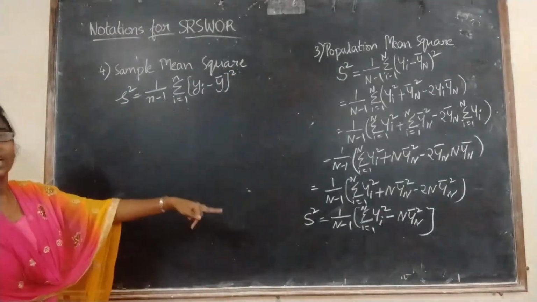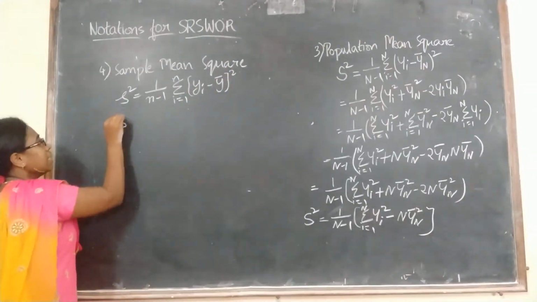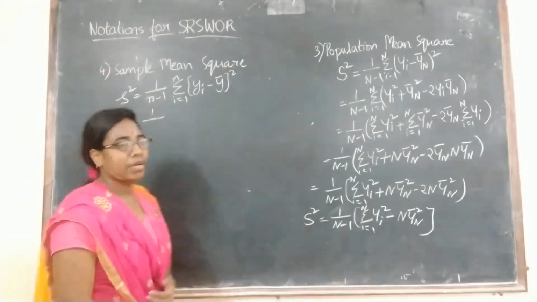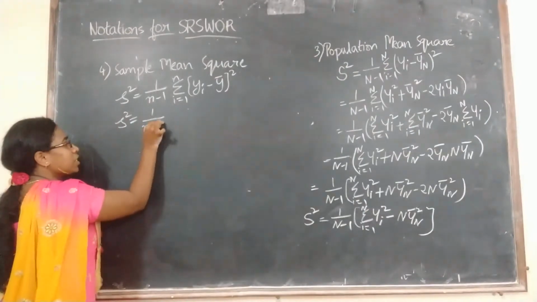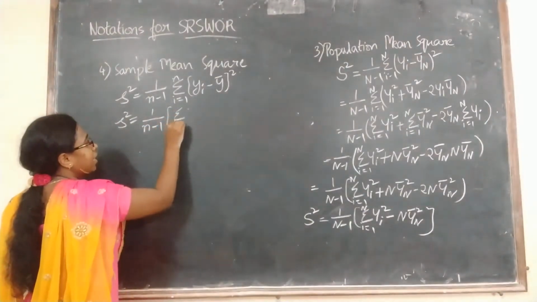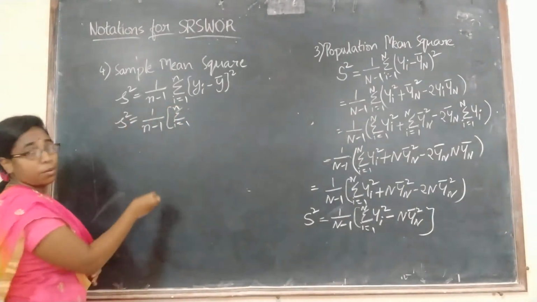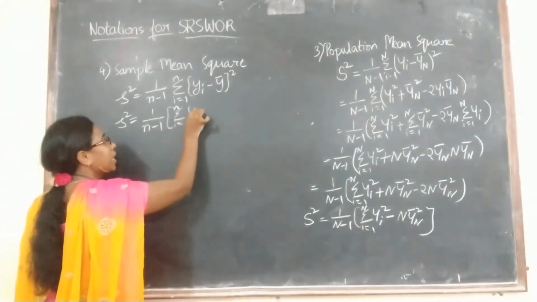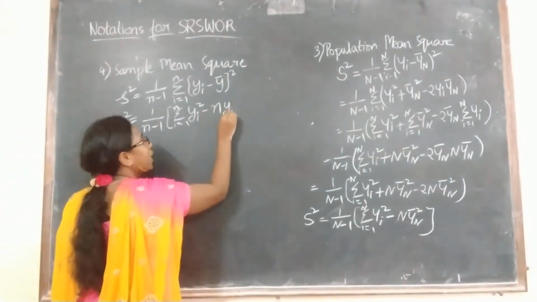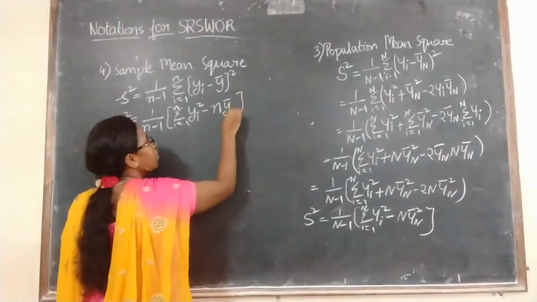On simplification we will get the same form: s square equals 1 by small n minus 1 bracket of summation i equals 1 to small n yi square minus small n into y n bar square.